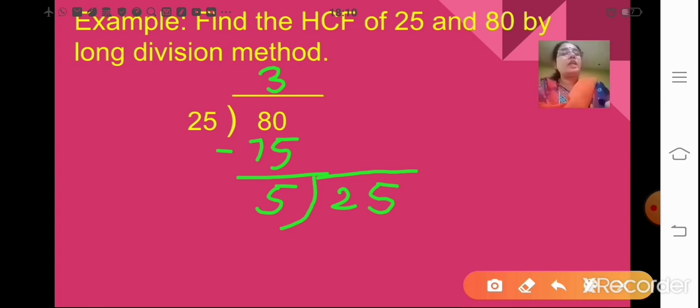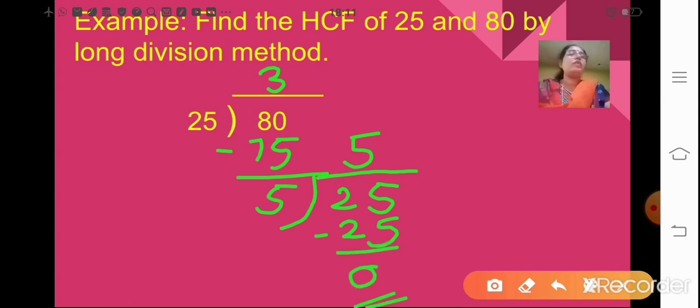Okay. So the remainder will become your divisor and the first divisor will become your dividend. Now 5 5s are 25. So your remainder is 0. So you will divide it till you get the remainder as 0.